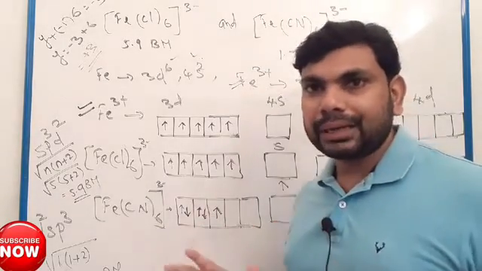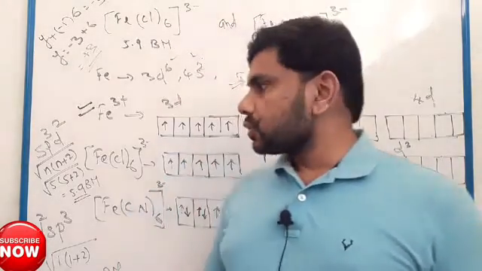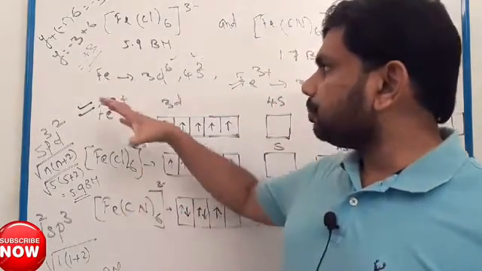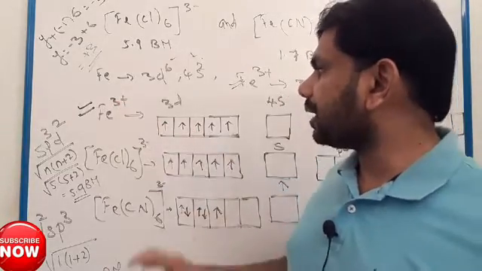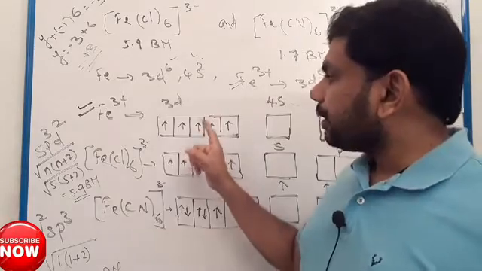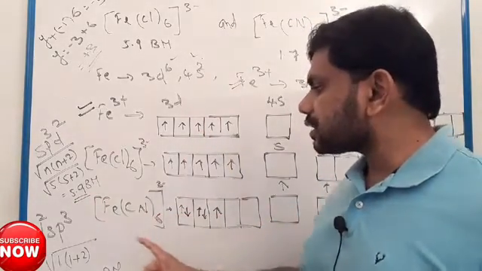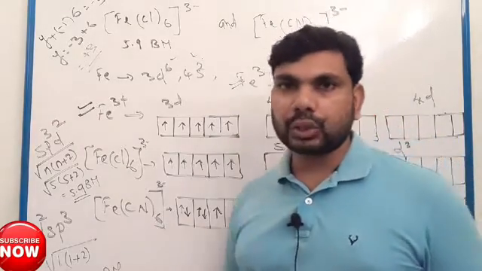This is the reason that even though both coordination compounds contain Fe3+, one is 5.9 Bohr magneton and another is 1.7 Bohr magneton.